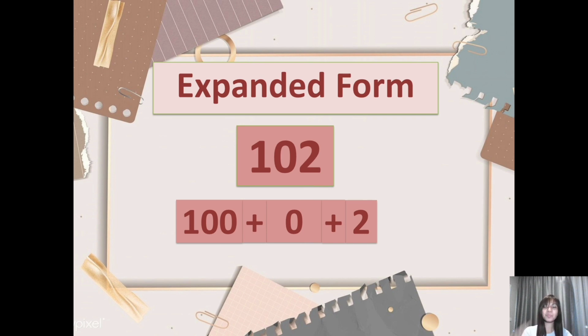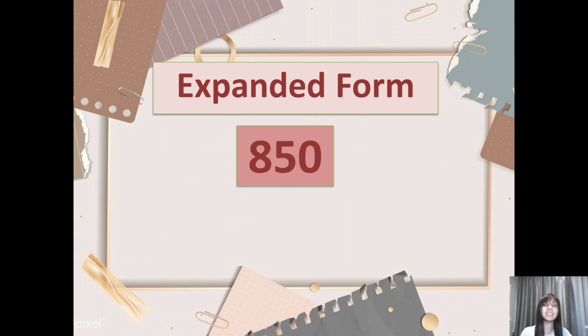Alright? Okay, we have some more. So next, 850. So again, ones, tens, hundreds. So we have here 8. 8 is in the hundreds place value. So we have 800 plus. Then 5 is in the tens place value.